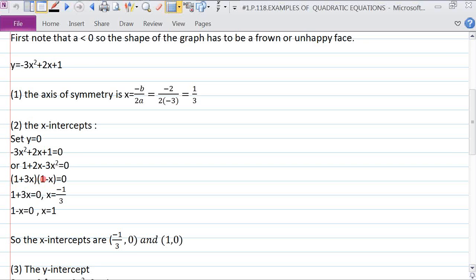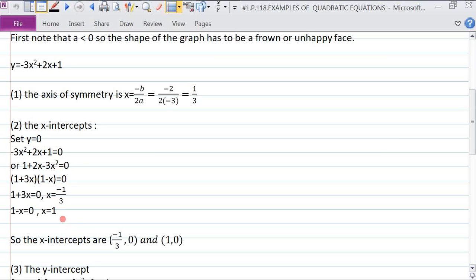Notice 1 times 1 gives me 1. The inner is plus 3x. The outer is minus x. So plus 3x minus x sums to 2x. And plus 3x times minus x gives me the minus 3x squared last term.